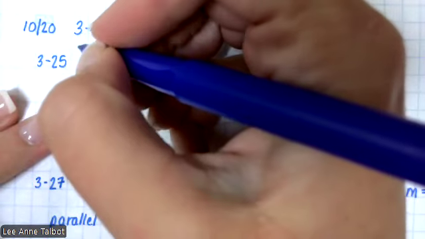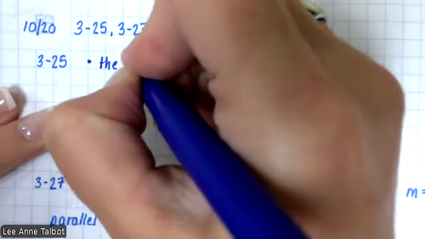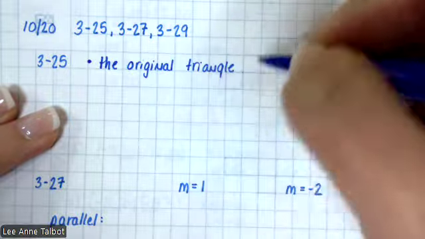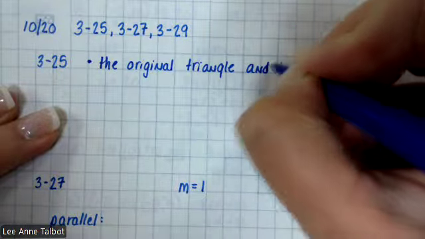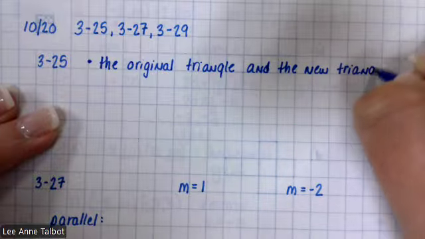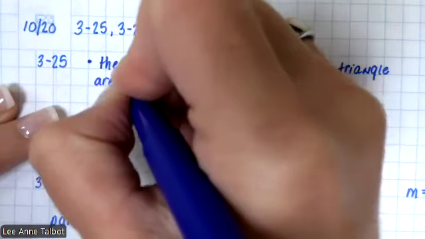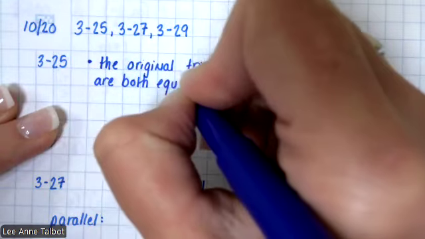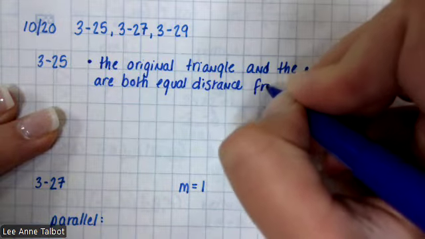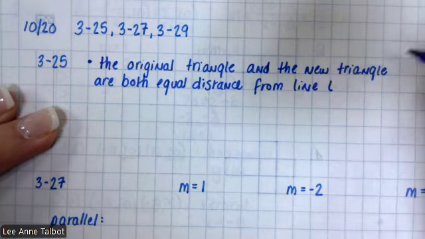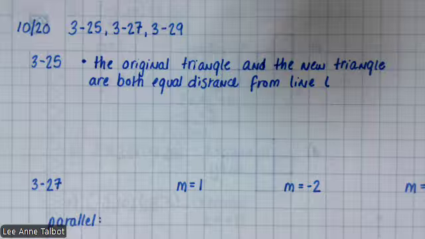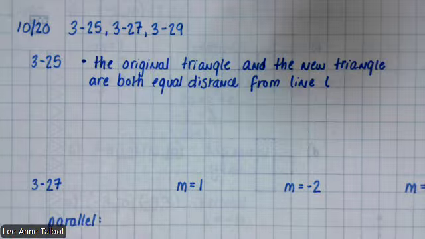First, the original triangle and the new triangle are both equal distance from line L. Okay, so write that down real quick. And then I'm going to go back and talk about what I mean by that.